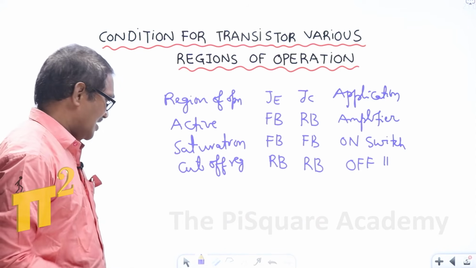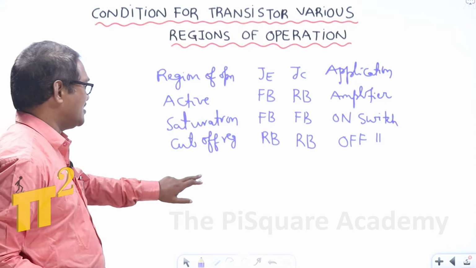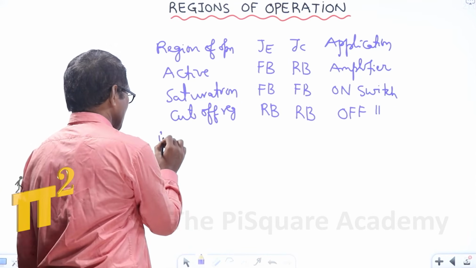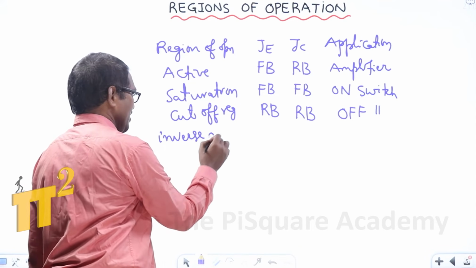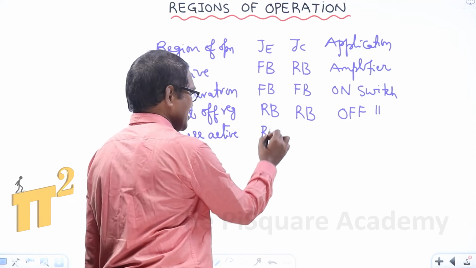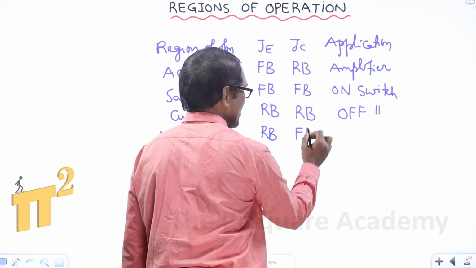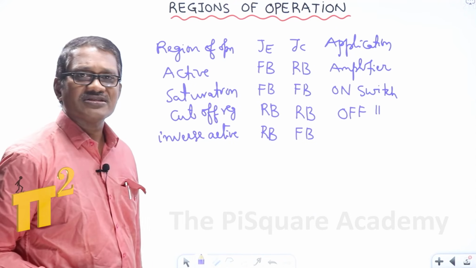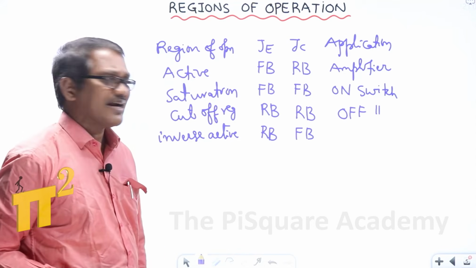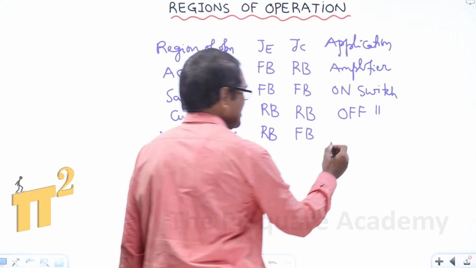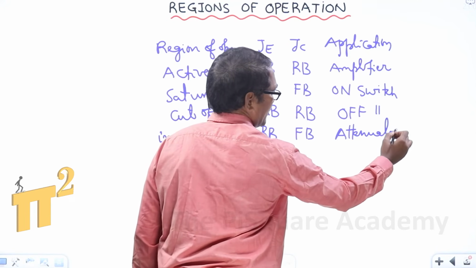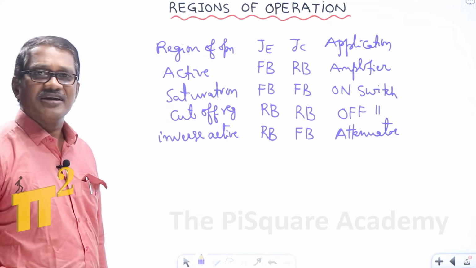One more region is the inverse active region. In this case, JE is reverse biased and JC is forward biased. What is the application of the inverse active region? In this, the transistor can be used as an attenuator.